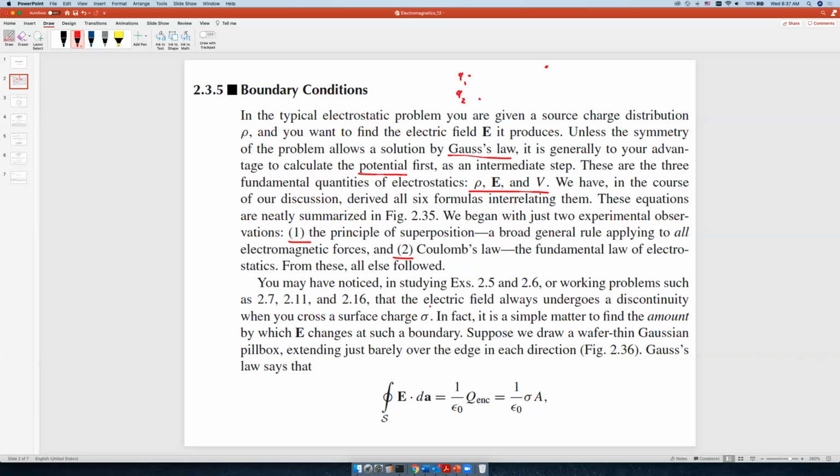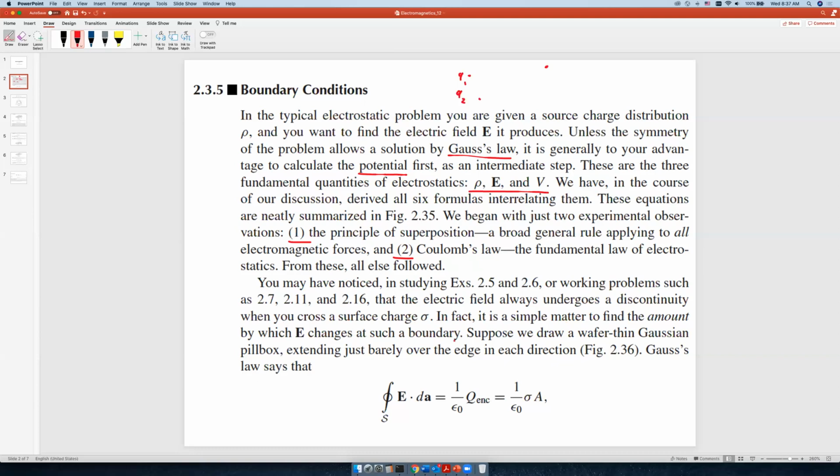The electric field always undergoes a discontinuity when you cross a surface charge, let's say with surface charge density sigma. In fact, it's a simple matter to find the amount by which E changes across such a boundary.